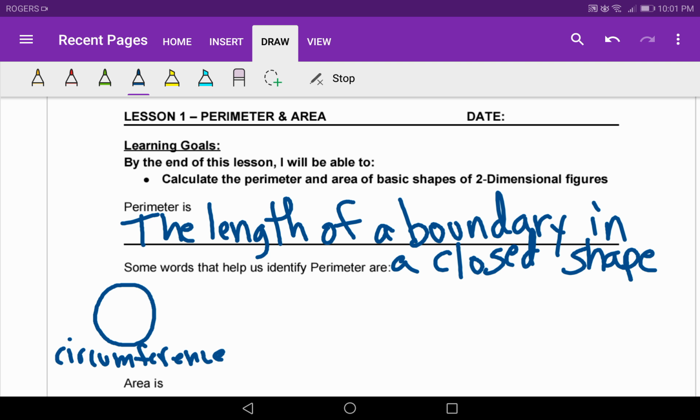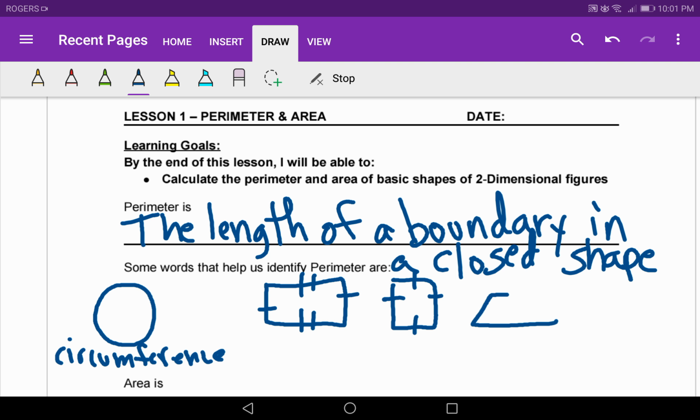In any other case, like if you have a rectangle, that's known as a perimeter. If you have a square, of course, that is known as a perimeter as well, the length around the square. We're also going to be dealing with trapezoids and triangles, of course.